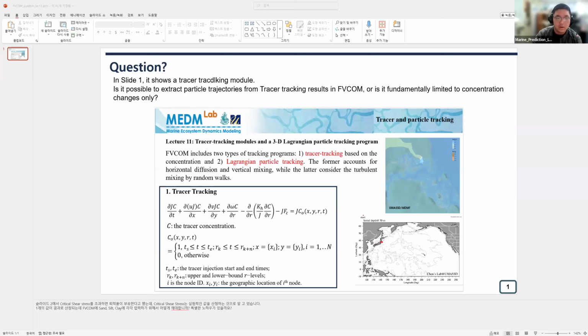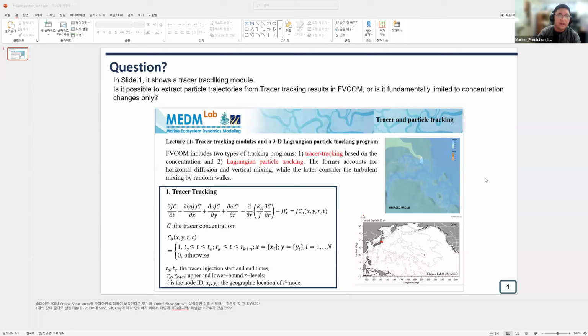I will be next. I'll share my screen. My question is here. In slide one, it shows a tracer tracking module.